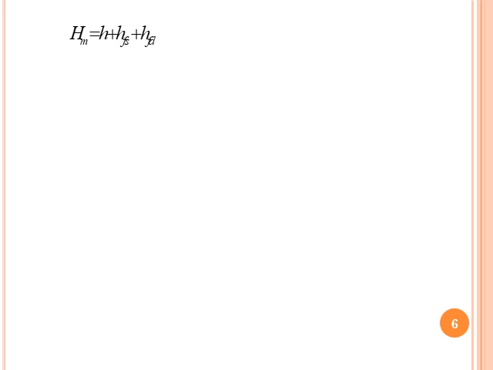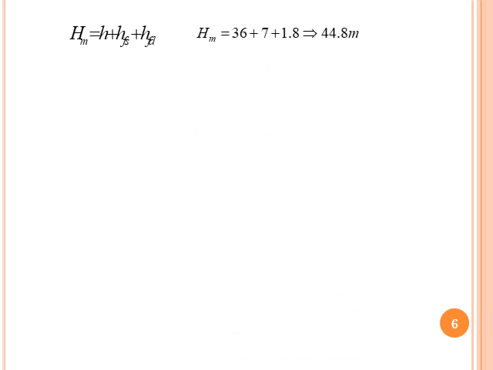So now, manometric head. The manometric head is calculated by the expression H of m is equal to static head plus the head loss due to friction in the suction pipe as well as the head loss due to friction in the delivery pipe, that is H plus H of fs plus H of fd.